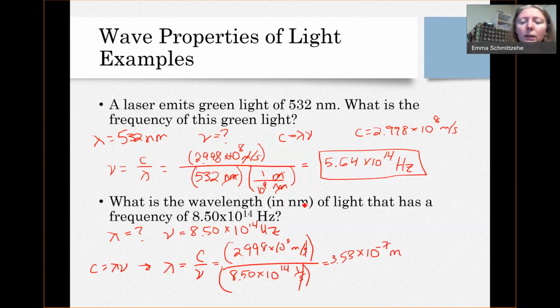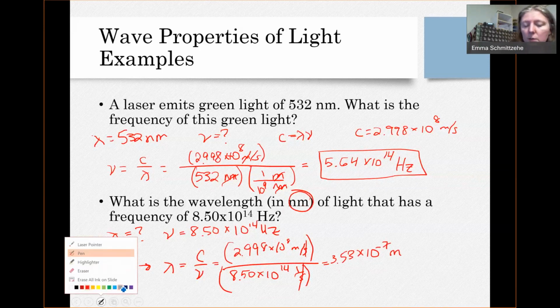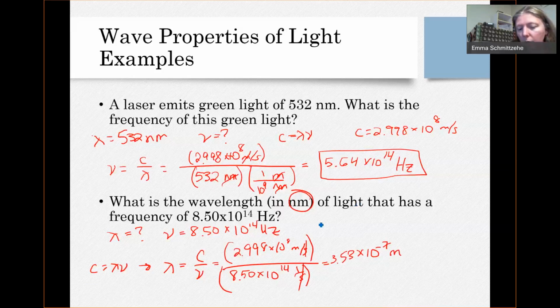We want it in nanometers though, so I need to take that and convert. Since I don't have a lot of space, I'll change colors. 3.53 times 10 to the -7th meters. I want to get rid of meters and go to nanometers. 1 meter is 10 to the 9th nanometers. So the meters are going to cancel.